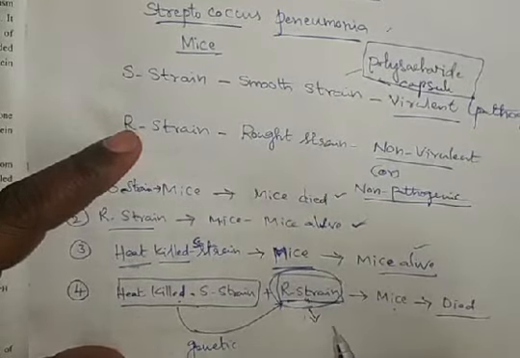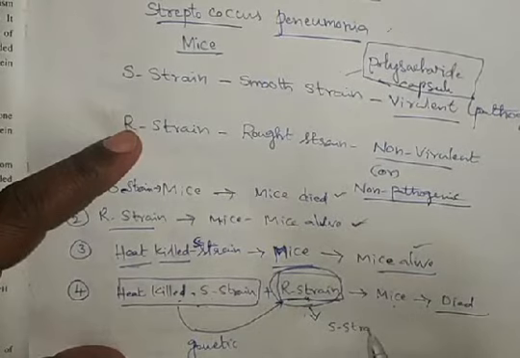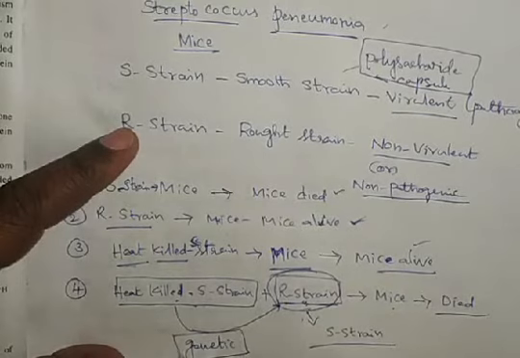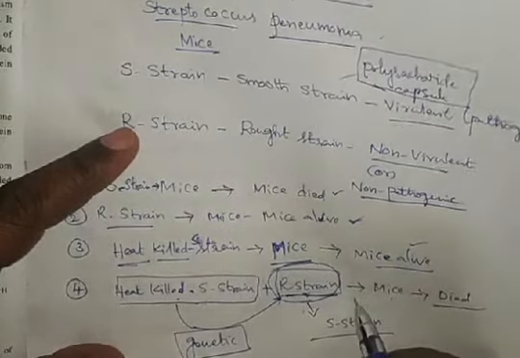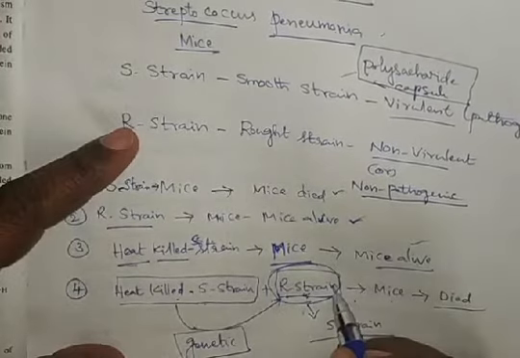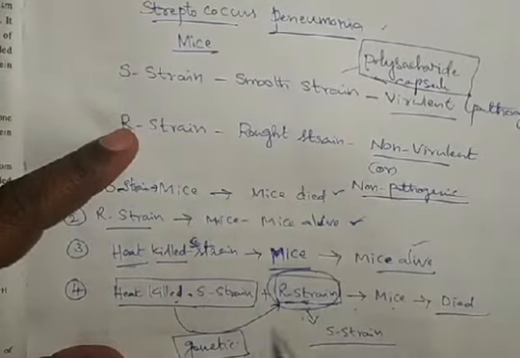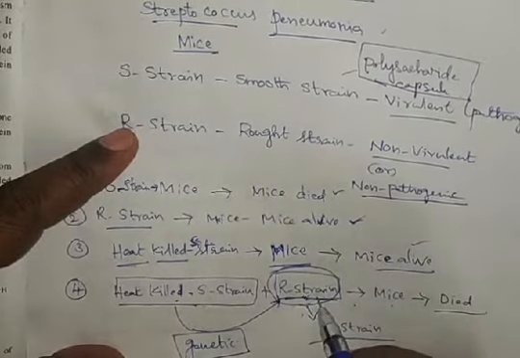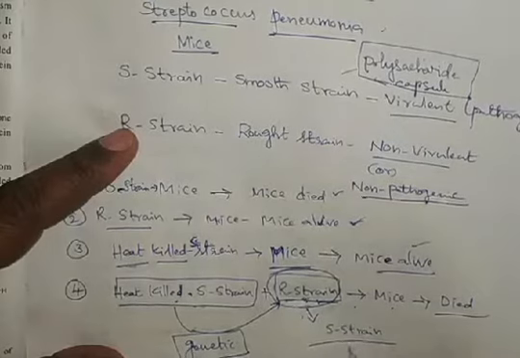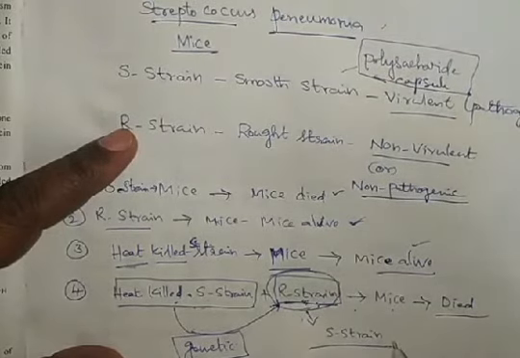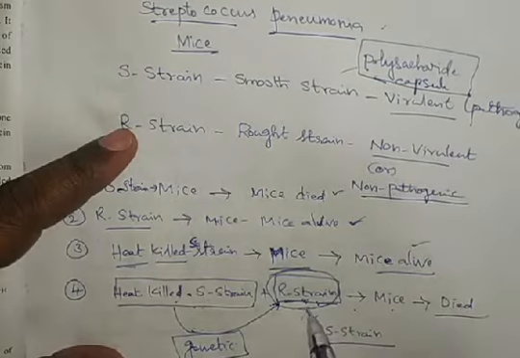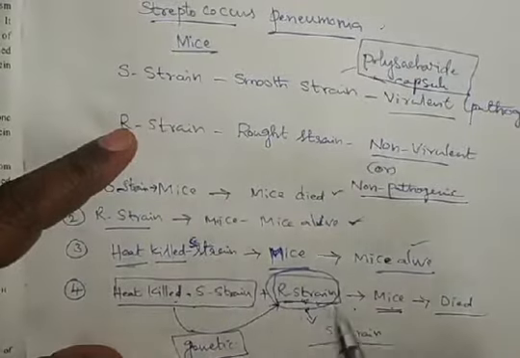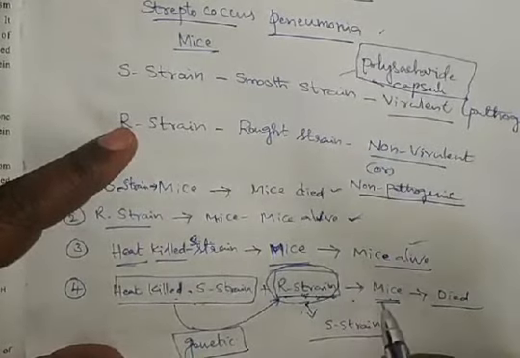Then it is converted into an S strain. So the genetic material transforms the character of the R strain by entering it and enabling it to convert into an S strain by making a polysaccharide capsule coat. Then this strain killed the mice because of its virulent nature.